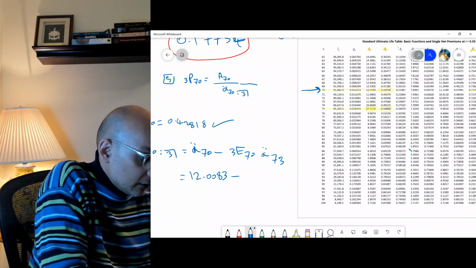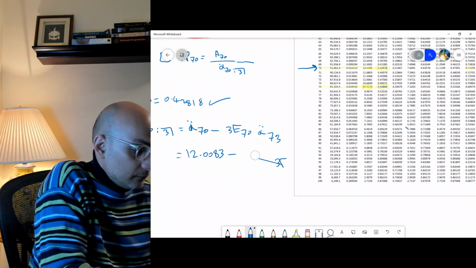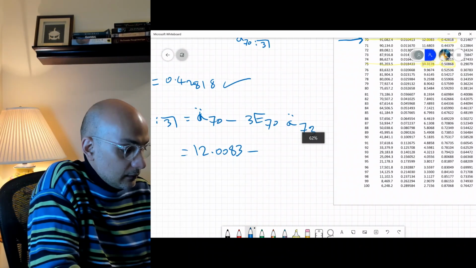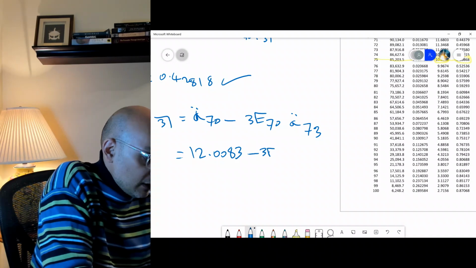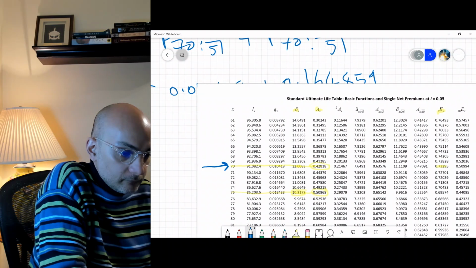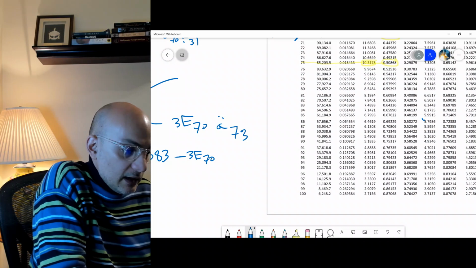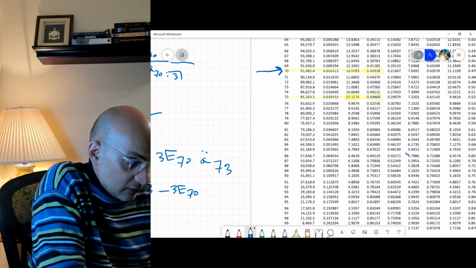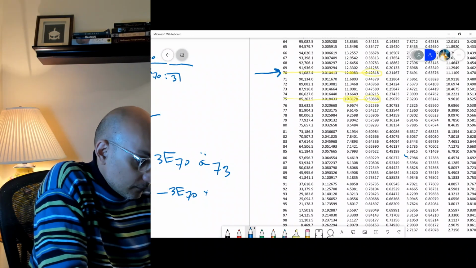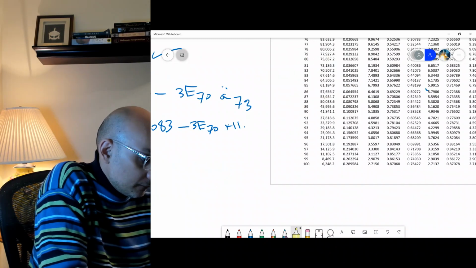12.0083 minus now 3E70, sorry for that. Now 3E70 you don't have it, you have 5 or 10. And then the A73 here is 11.0081.